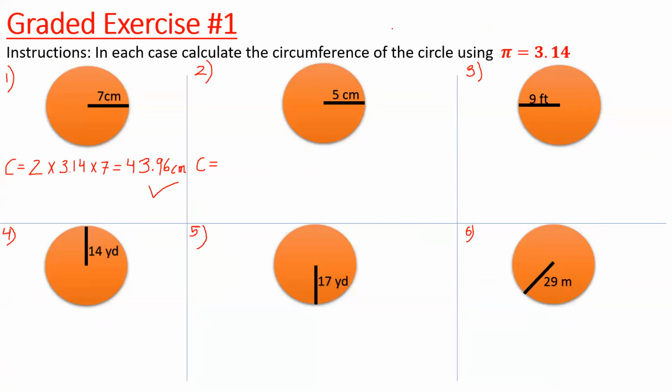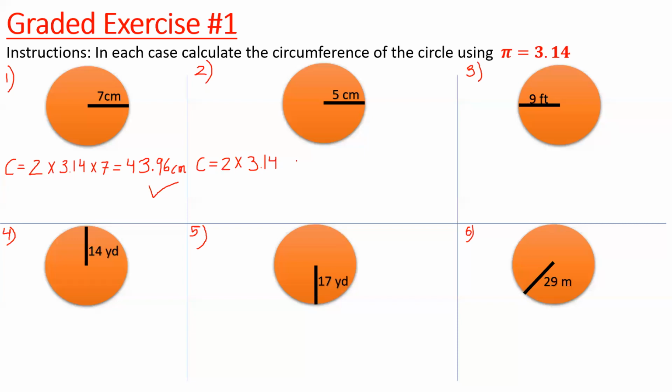All right, let's do number 2. So C is equal to 2 times what? 2 times 3.14 times 5.